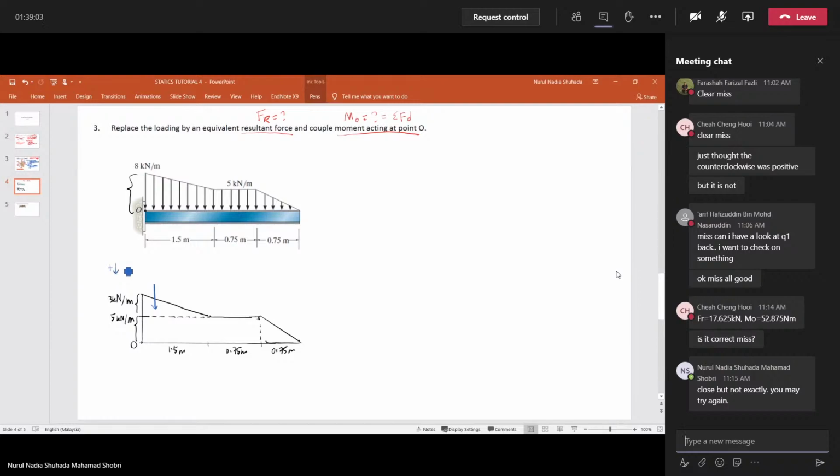So this one I label as force number 1, so equal to 1/2 times 3, the height here, times with 1.5 here. The distance here, 1.5. So you guys will get 2.25 kilonewton.